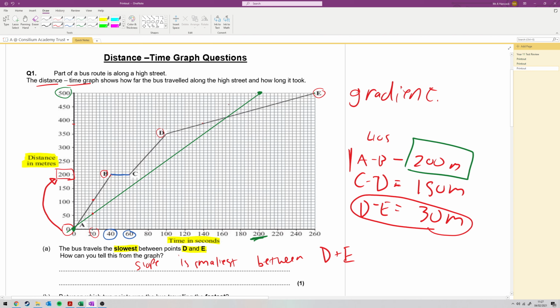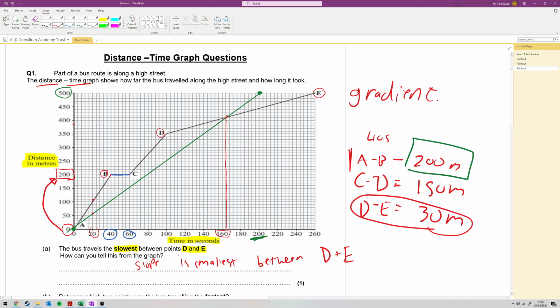Well, you can see they cross at this point here, which is at 160 seconds. It looks like, hold on, let me draw the line down just to make sure I'm not misreading it. It's longer than 160 seconds.